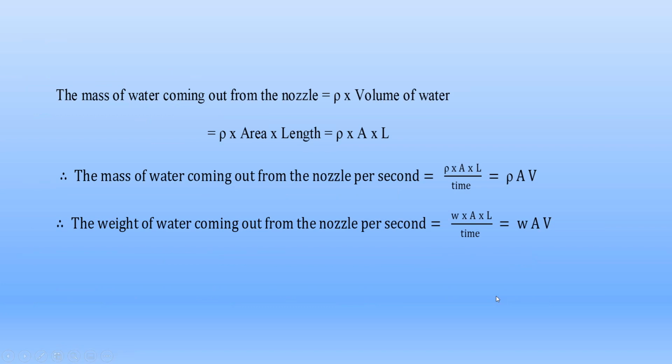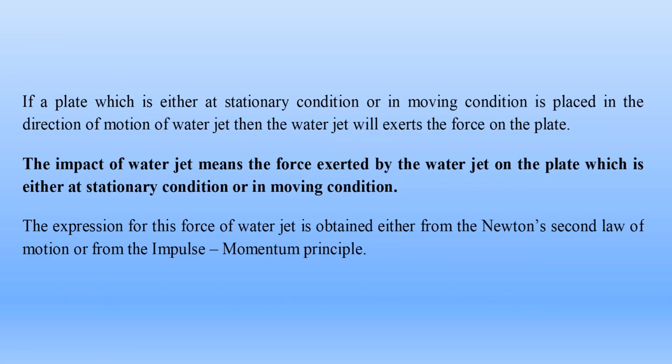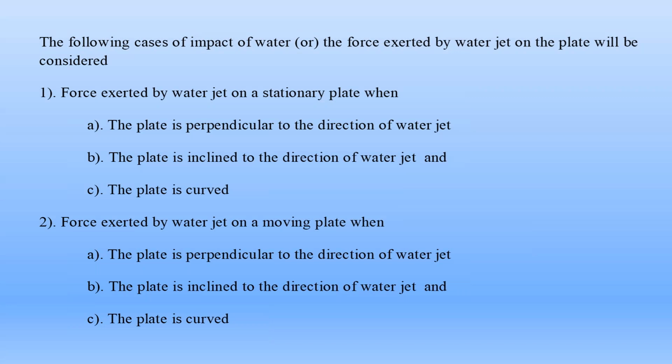Now coming to the impact of water jet. In this part 1 of unit 3, we are going to discuss the impact of water jet with a metal plate. Here we consider the metal plate in two conditions.